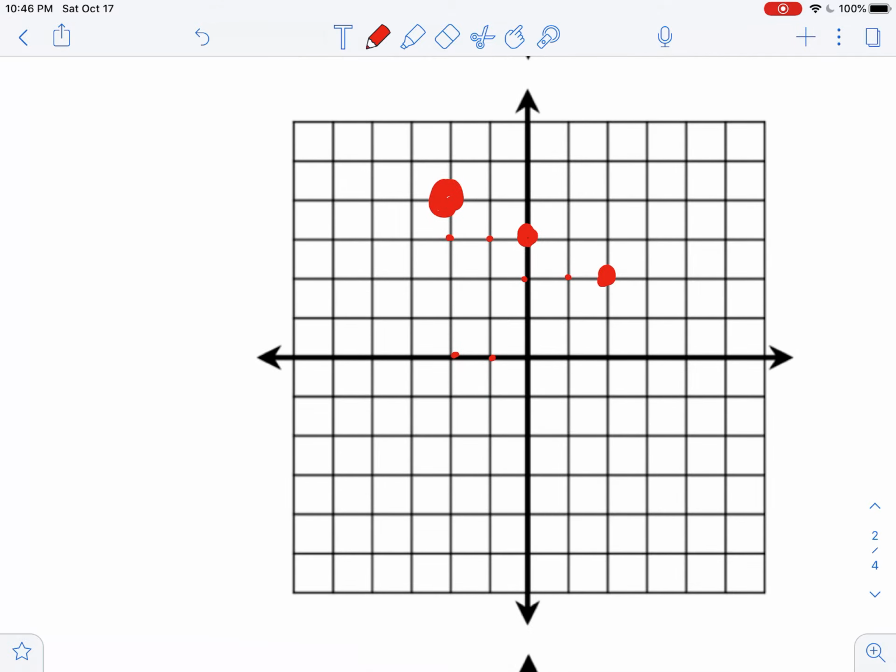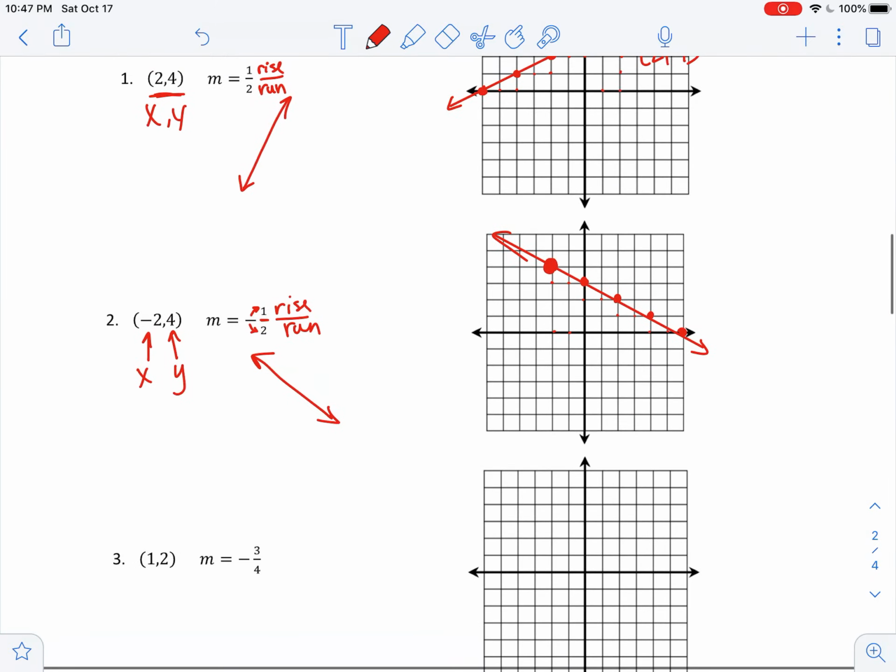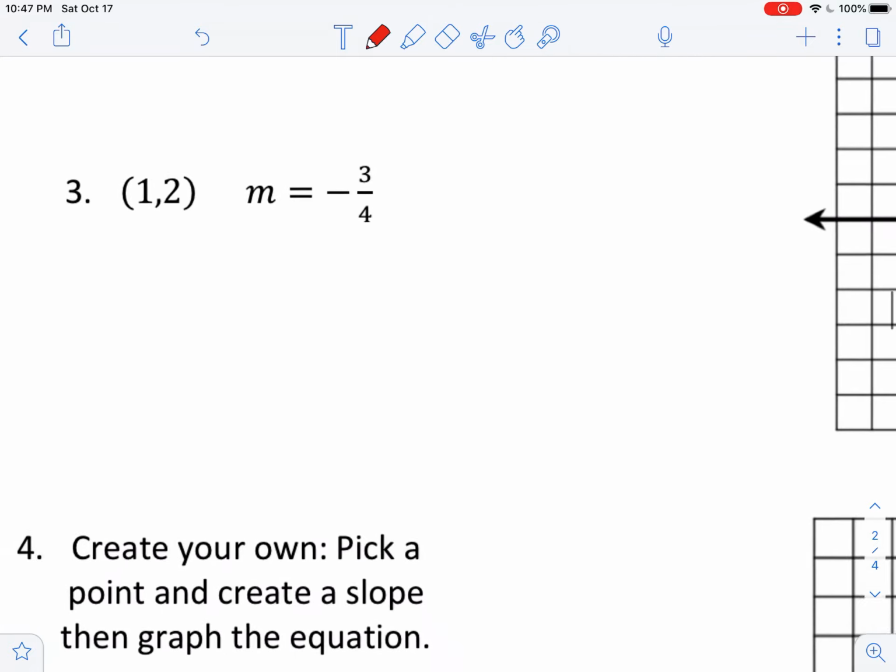And I chose this direction because there's not really a whole lot of space to go the other direction. So let's keep it simple. Now we've got enough dots to create that line for us. And here we go. Awesome sauce. All right, that's graphing our linear functions given a point and a slope.